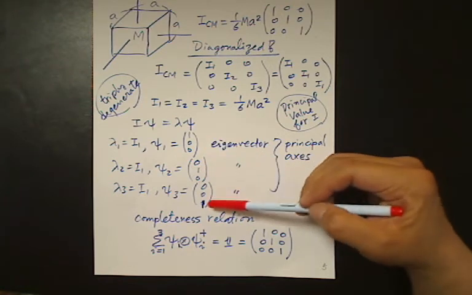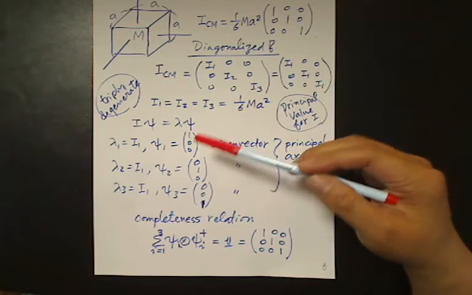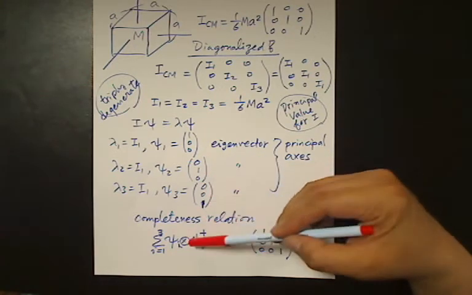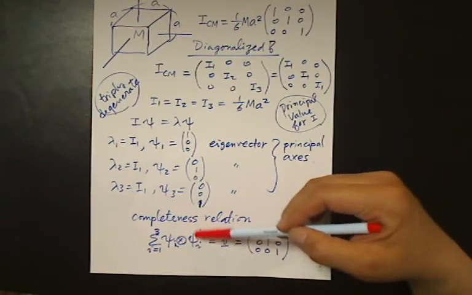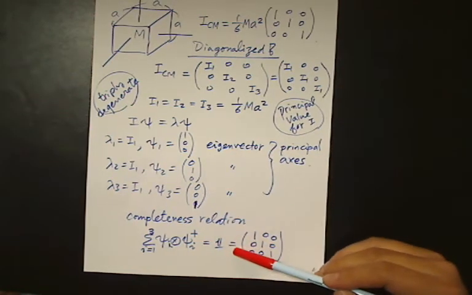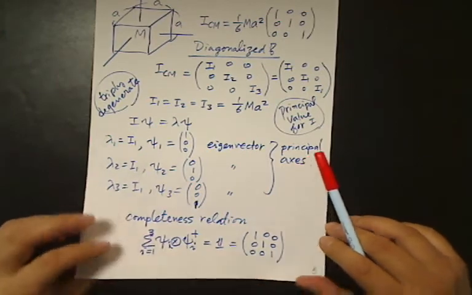Therefore, if I combine all three, they are orthogonal with unit normalization, so the direct product of each basis vector summed over these three states will be the identity matrix. This is the completeness relation we studied in the previous chapter.